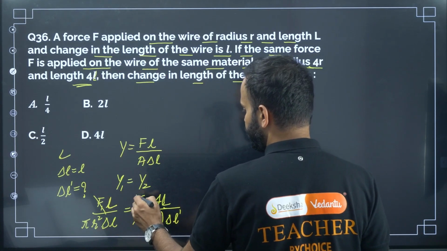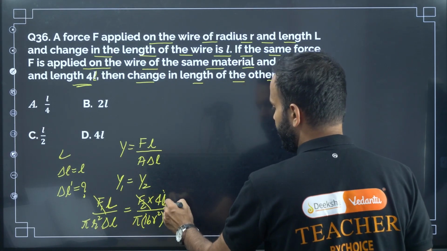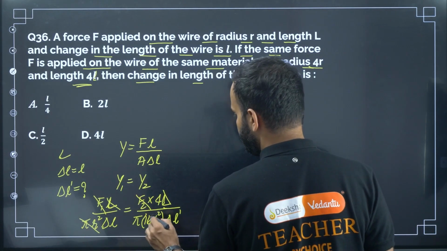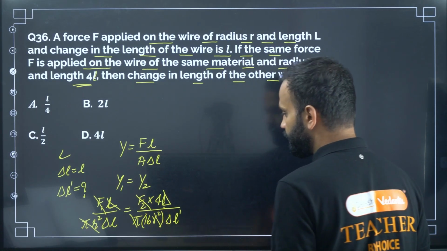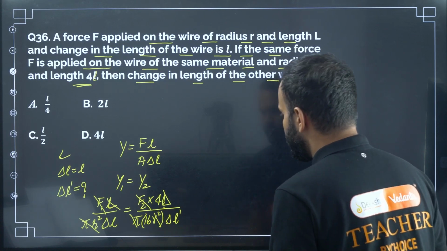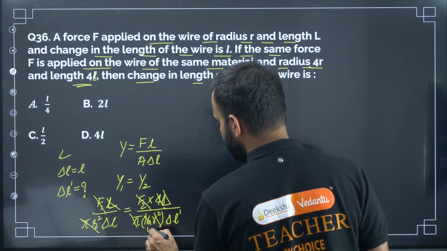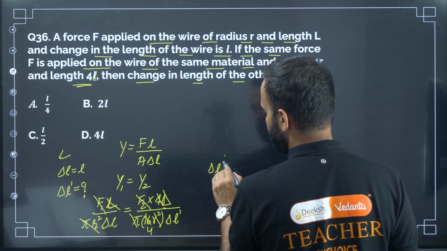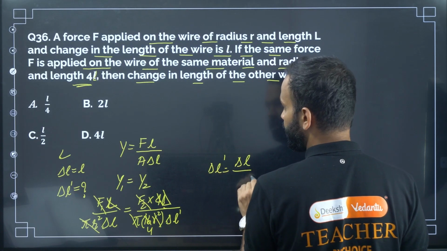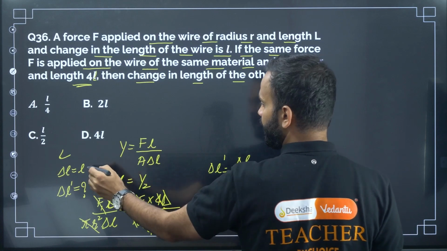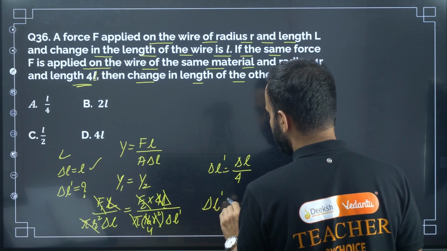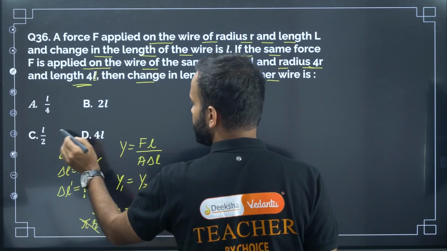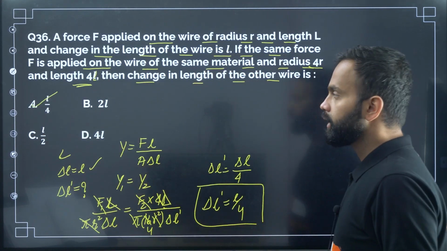So F1 equal to F2, and L will get cancelled, and then pi r square will get cancelled. So now 4 4s are 16, so delta L dash is equal to delta L divided by 4. Delta L is L, so delta L dash is equal to L divided by 4. So the correct option is A.